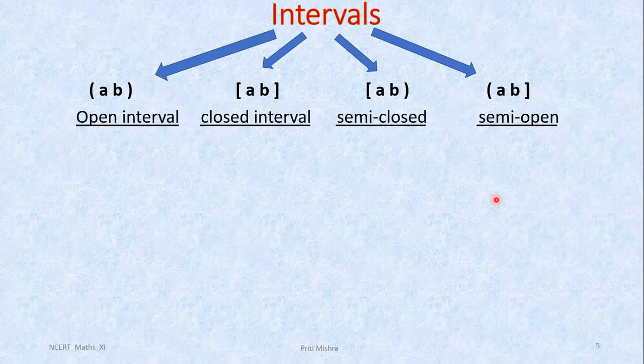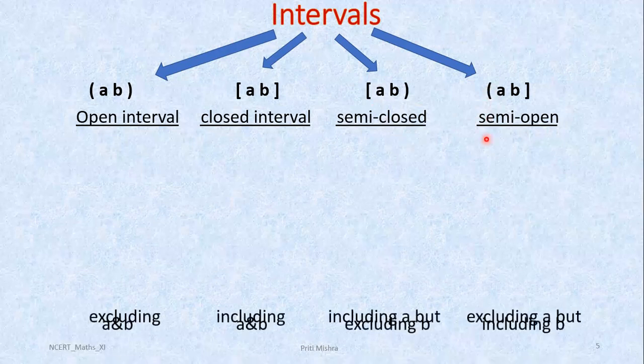This is the open interval, which is written within round brackets, and this is the closed interval within square brackets. When we have mixed brackets, these are known as semi-closed and semi-open on the basis of which bracket comes first, right?